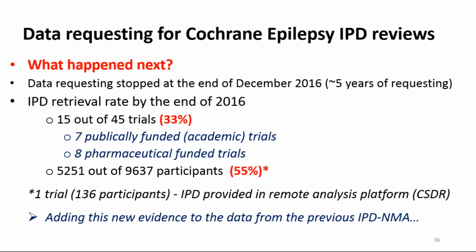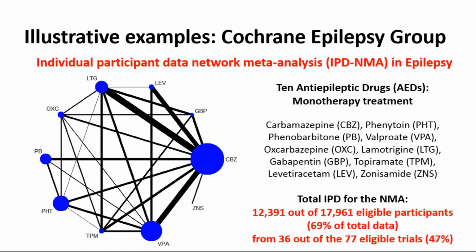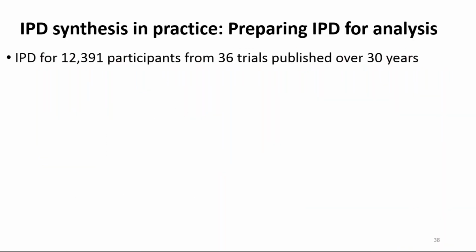Adding this new evidence to the data that the team already had from the previous work, this now left us with 12,391 patients out of nearly 18,000 eligible patients, so 69% of our total data, from 36 out of 77 eligible trials to include in this Cochrane network meta-analysis. So now we have all of this data, 12,000 patients' worth of data from 36 trials published over 30 years.